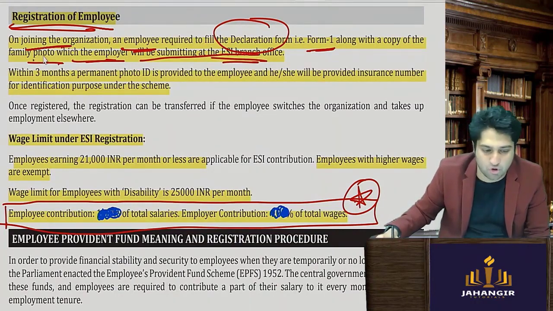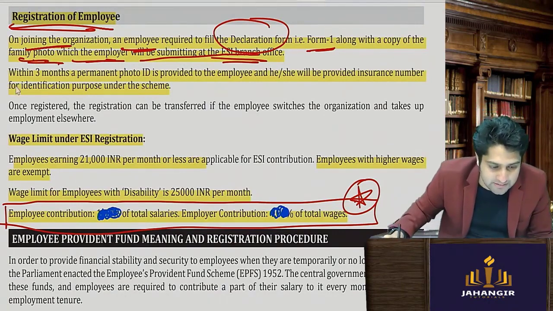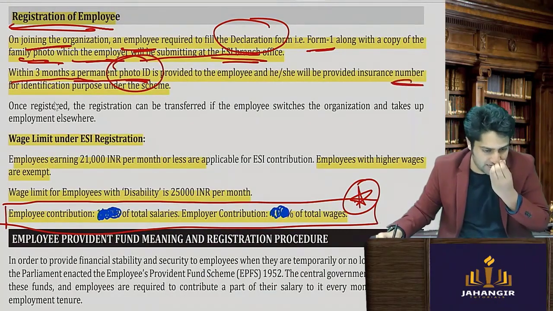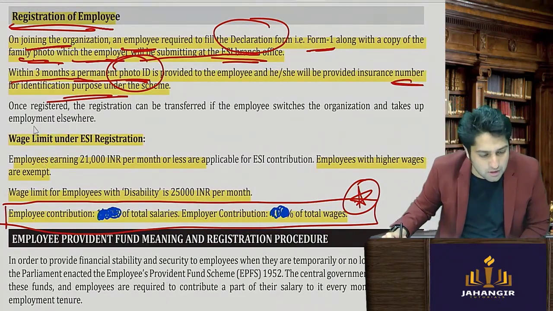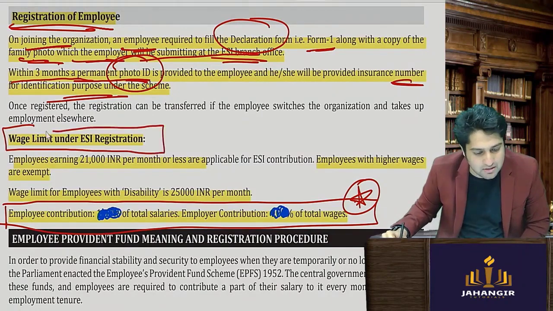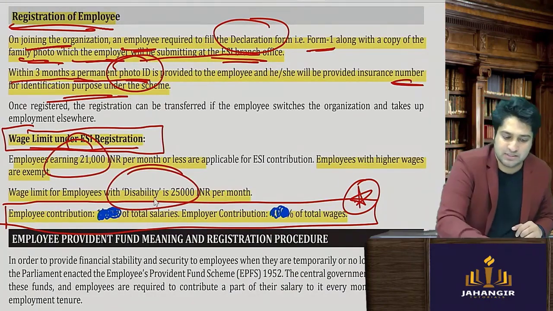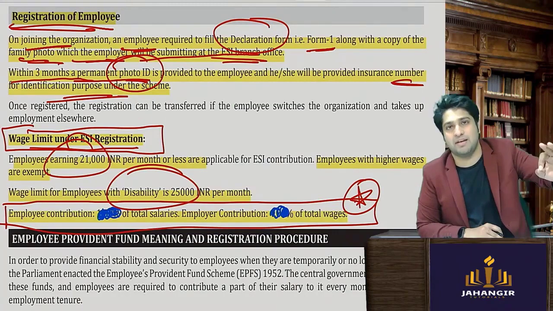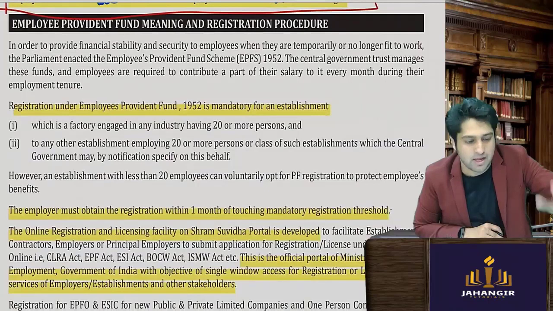He has to give the copy of the family photo which the employer will submit, and a permanent photo ID will be given to him along with his number for identification for the purpose of the scheme. The wage limit under ESI, I told you, is 21,000, and 25,000 for a person with disability, along with the employee contribution. So remember the ESI Act, very important, SIM. Okay, now let's go to the next one.